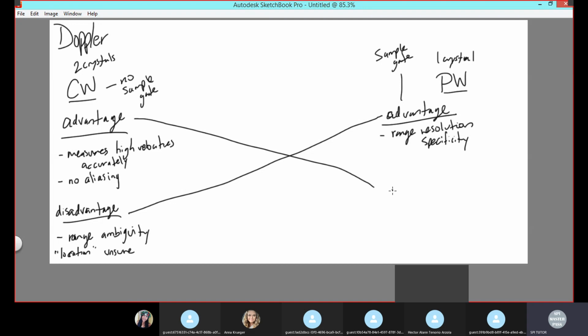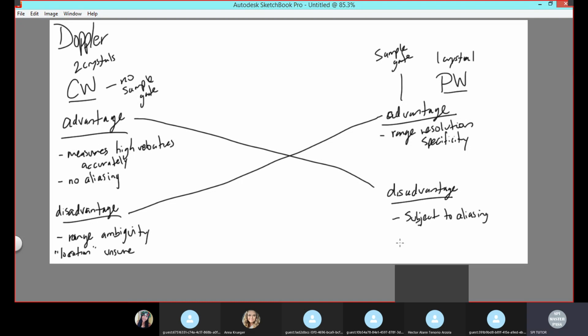So then we do the same for the advantage of continuous wave. We take that word and we flip it, which makes it a disadvantage. So before we had no aliasing, now we are subject to aliasing. And subject to aliasing means that it can happen.